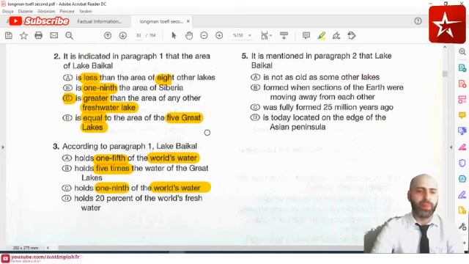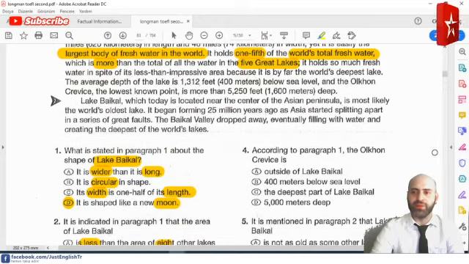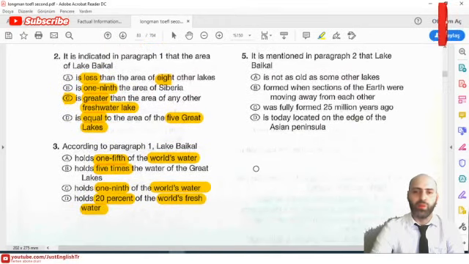Let's see. Holds 20% of the world's fresh water. So 20% of the world's fresh water. I remember from the paragraph we have 1/5 of the world's total fresh water, and let me write it for you. 1/5.